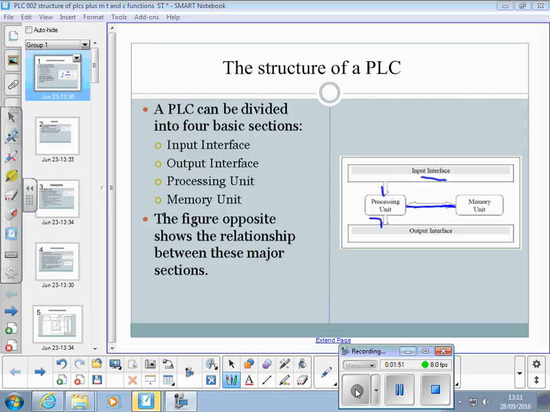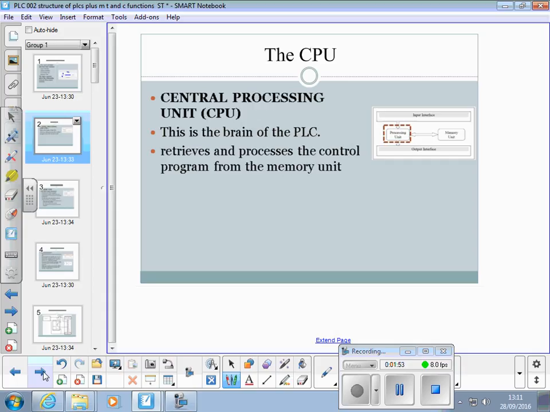So then, looking at the detail of each of those, the CPU is like the brains of the whole PLC, and that's no different really internally, that CPU, than what you would have in your personal computer, your smartphone, your iPad, or anything else with that kind of functionality.